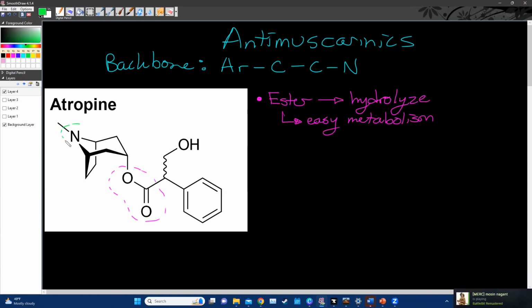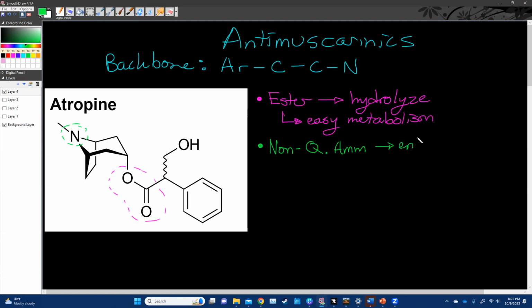What can you tell me about this nitrogen here, purely based on what we've talked about before? Non-quaternary ammonium. It's not charged.